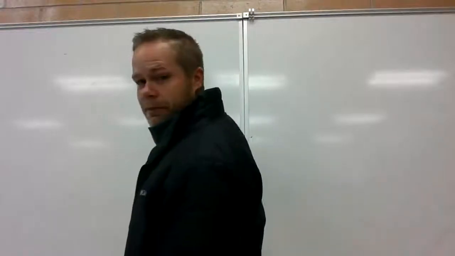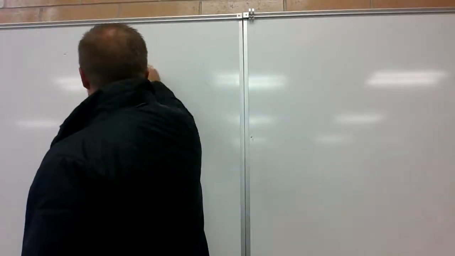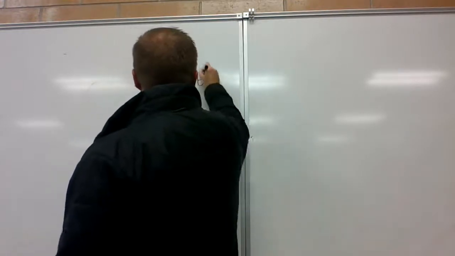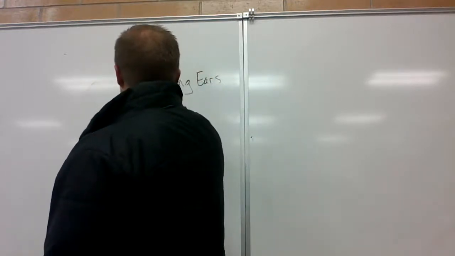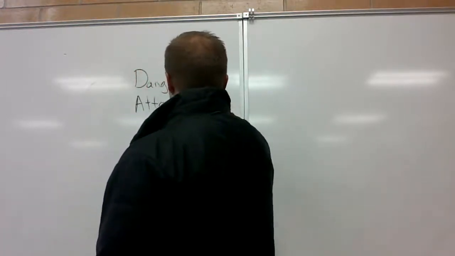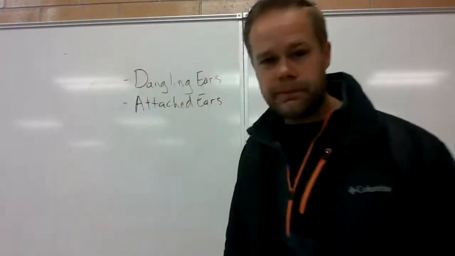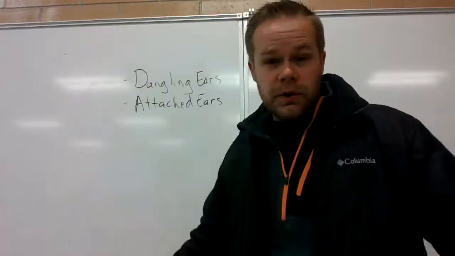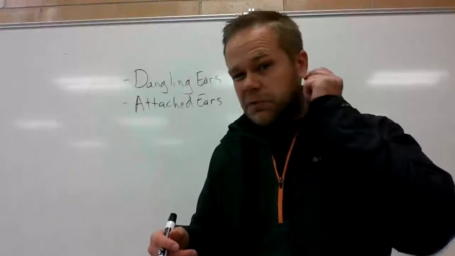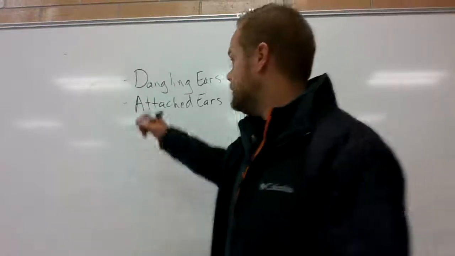But let's say that some people have the dangling ears, which is more common, and some people have attached ears, which is more rare. Okay? Well, which one of those is dominant? The dangling ears, when you have an earlobe that hangs down like most people do. So that's dominant.